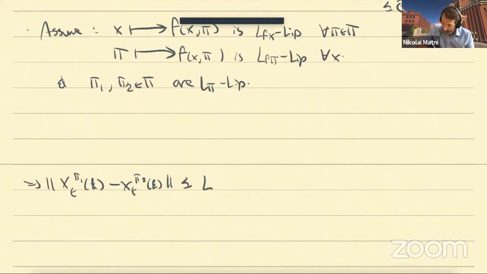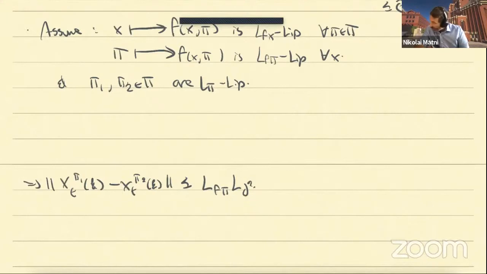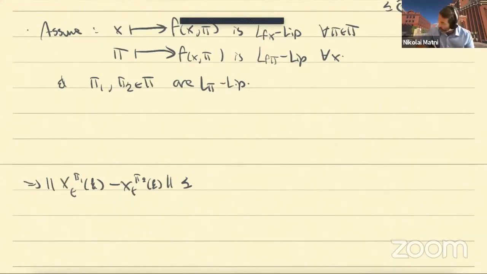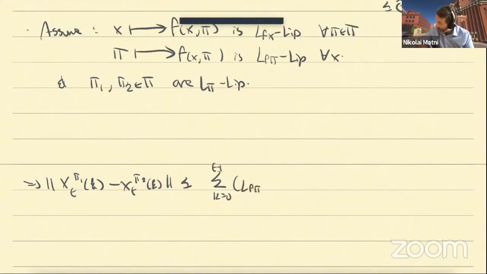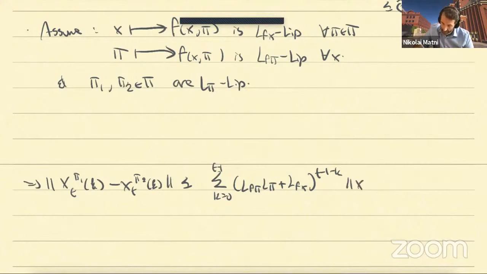you have L_F pi, and then we'll have this, sorry, that's not right. We can upper bound this rather by the sum from k equals 0 to t minus 1 of L_F pi L pi plus L_Fx to the t minus 1 minus k times x_k pi 1 of c.